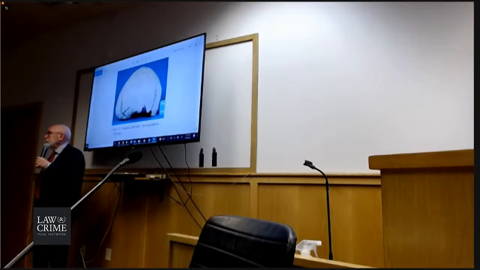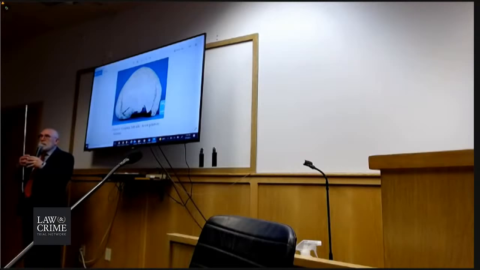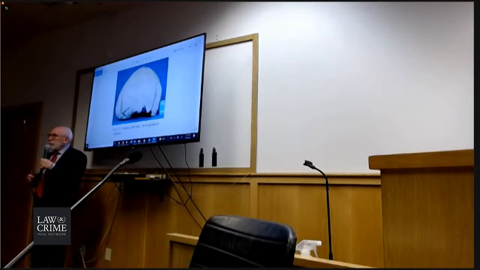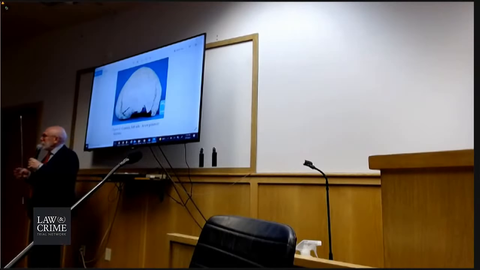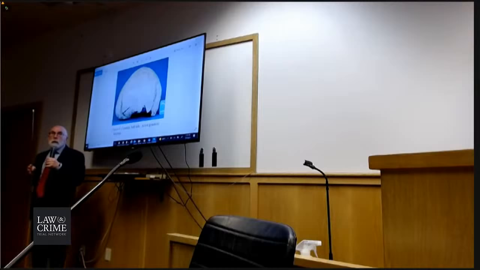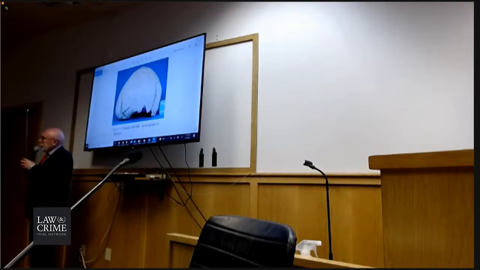Correct. And these sutures are naturally occurring and get stronger as people get older, correct? They tend to be. They never really obliterate completely, but they become less defined. When you start off as a baby, they're wider, and as you get older they get narrower and narrower, almost to the point where you can't perceive them anymore.